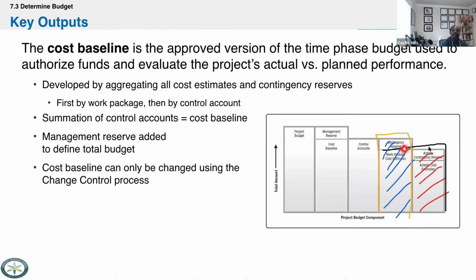Then we'll have unallocated reserves for the entire system, if something goes wrong during commissioning or something like that. So they call these allocated reserves when you're looking at a specific activity, and unallocated reserves when you're looking at the deliverable as a whole. But either way, for the exam, just know that you do it twice, and that's what becomes your cost baseline.